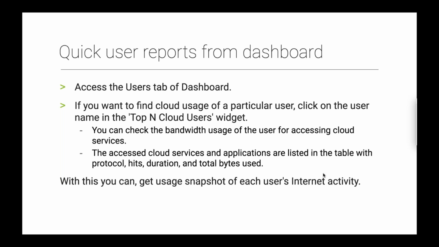So, a quick user report from the dashboard. How can we identify what kind of activities are happening from the dashboard of a product? Normally we keep a dashboard on a NOC screen or a big plasma screen to keep an eye on each and every activity or any malicious activity that is happening. So that NOC screen will mostly be a dashboard of a product.